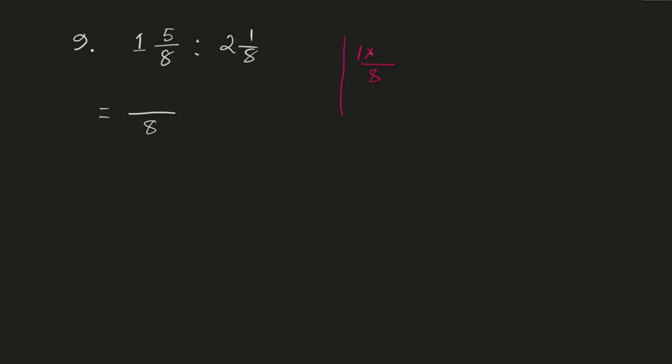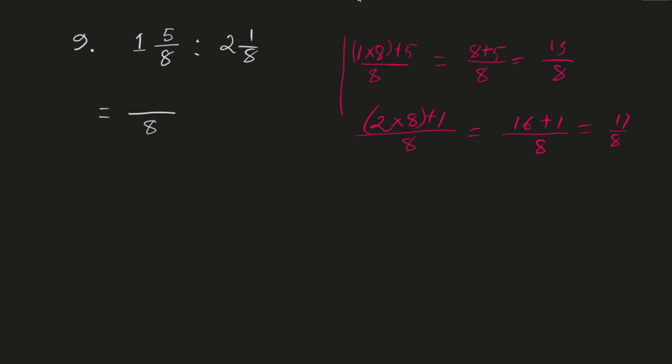1 times 8 plus 5, which is 8 plus 5 in fact, and this is 13 over 8, right? And the second one, 2 times 8 plus 1 over 8 equals 16 plus 1 by 8, which is 17 over 8.